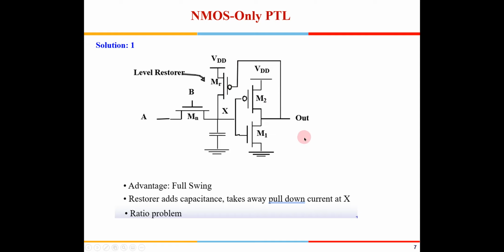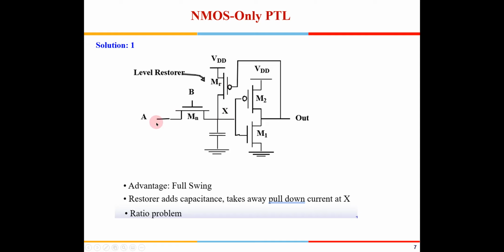Can you foresee the issues in this? Anybody? From whatever we have learned till now, will there be some issue out here? Anybody can make a guess? Okay, let me tell you. Suppose initially this was 1 out here, now this becomes 1 out here. In the static condition, this is 1, this is 1, and this has been restored to 1.